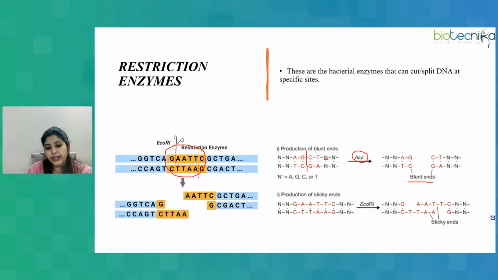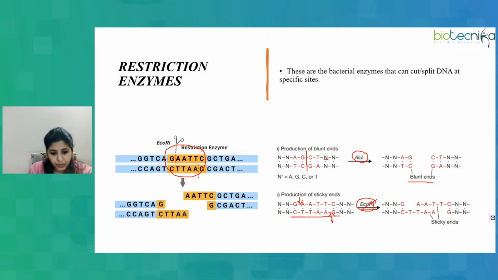On the other hand, take the example of EcoRI, which recognizes the 6 base pair sequence GAATTC. This is double stranded DNA shown here. This enzyme cuts on one strand at this place, and on the other strand it doesn't cut at the same place, it cuts 3 to 4 nucleotides away, that is over here.